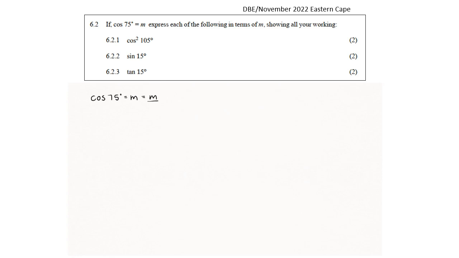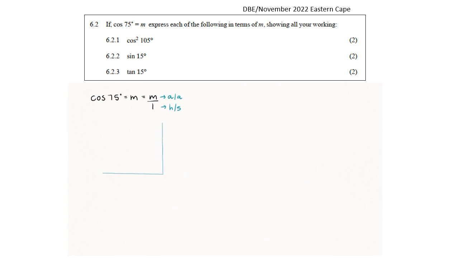And the reason that we do that is we are going to draw a right angled triangle. And in this right angled triangle, we are going to make one of the acute angles 75 degrees, and then the adjacent side of the 75 degrees will be m, and the hypotenuse will be 1, because cos is always the adjacent side divided by the hypotenuse.